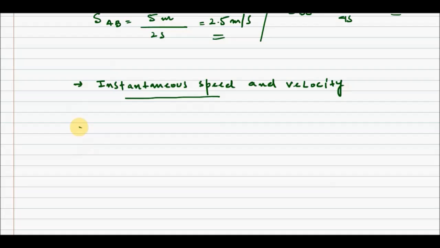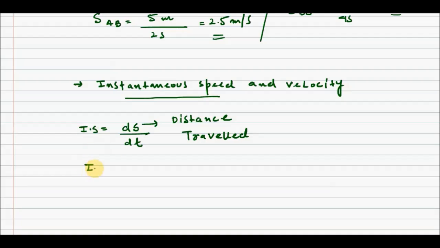So instantaneous speed mathematically is defined as ds over dt, where this s stands for distance traveled, while instantaneous velocity is ds vector by dt, where this s vector stands for displacement traveled, right?